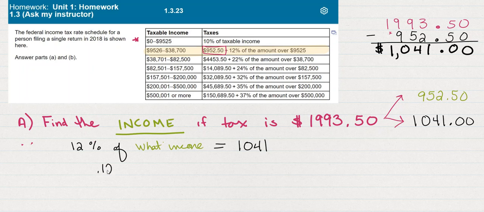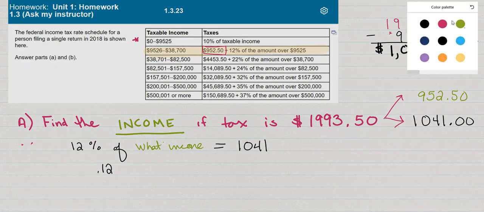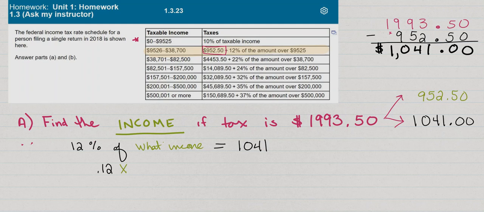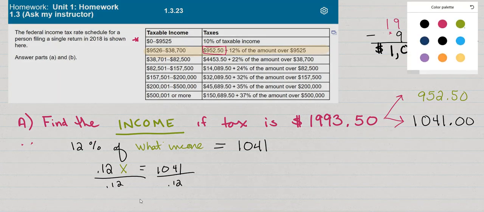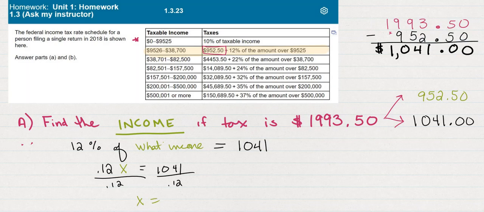So if I solve this as an equation, 0.12 times X is equal to 1041, dividing both sides by 12% gives me that X equals 8,675.